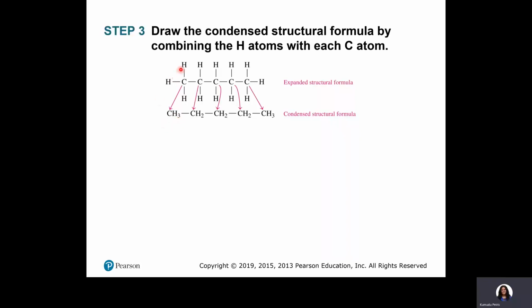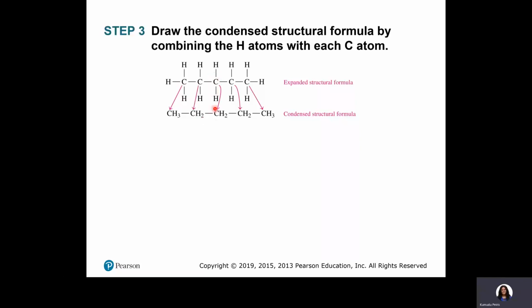So this is CH3, and the next carbon has 2 hydrogens on it, so it is CH2.